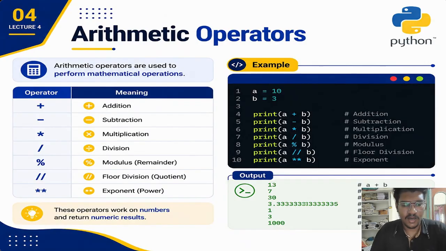Okay. Then the next is a double slash b, which is for floor division, and this is the quotient without the decimal. It's like saying how many whole times does 3 go into 10. The answer is 3.